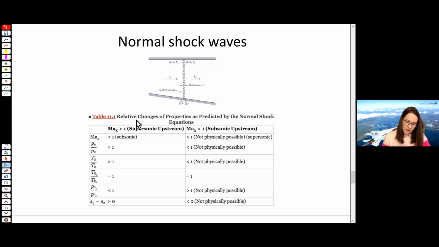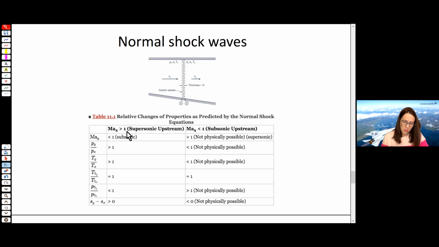So here, the second column, we've got our actual situation where we've got a shock wave. So our upstream Mach number is greater than 1. And then in the third column, we've got this hypothetical, not physically possible situation where our upstream Mach number is subsonic, right? If that happens, we can never have a shock wave. We need the Mach number to be greater than 1 to have a shock wave.